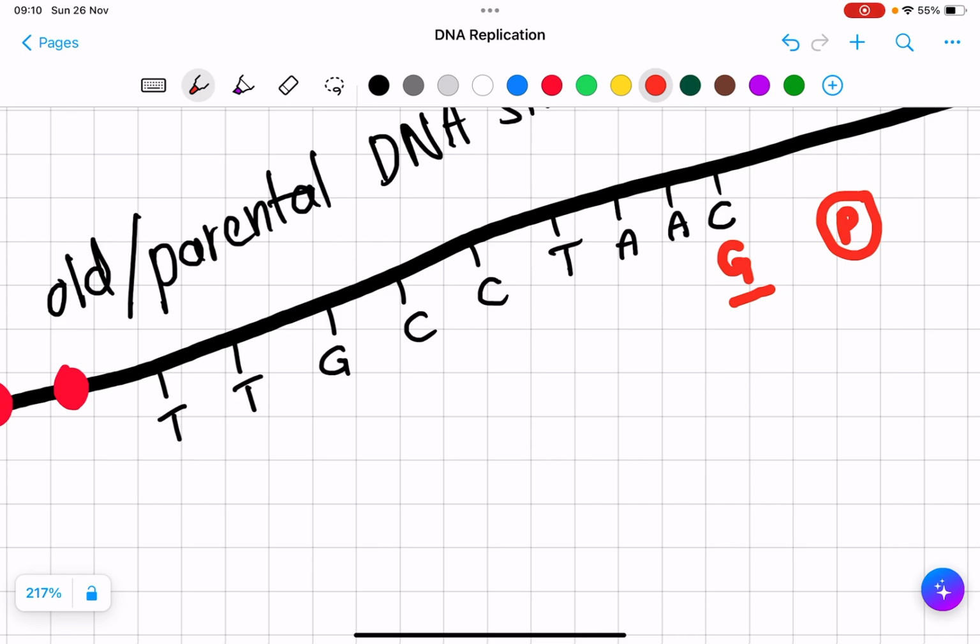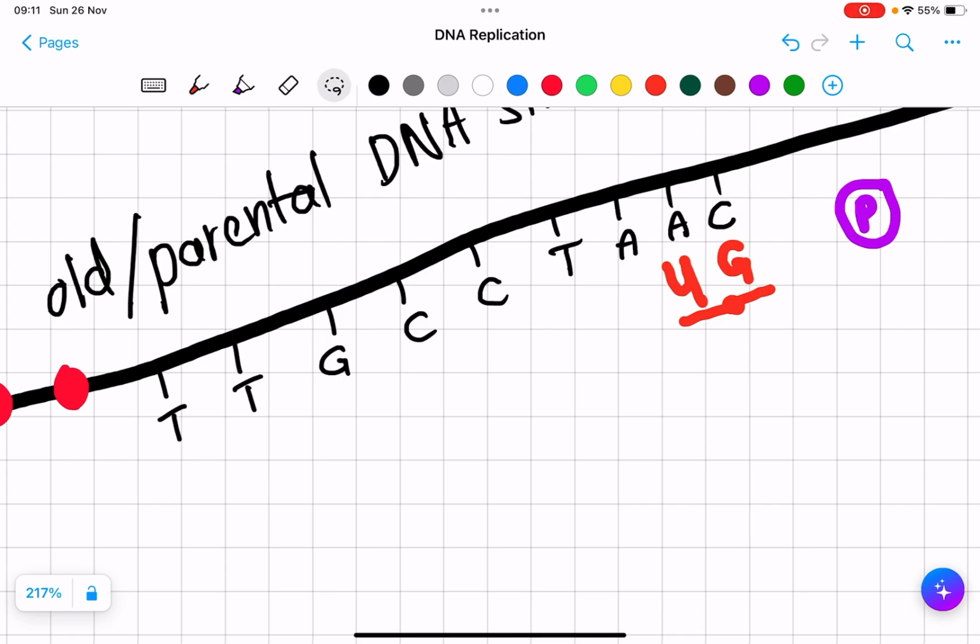Lepas tu dia pergi pula dekat A. Okay, A. So, dia akan add on huruf. Ingat, ini RNA primer. Jadi, tak boleh T, mesti U. So, dia sambung lah. Dia buat phosphodiester bond kat tepi ni dan dia buat hydrogen bond juga. A dengan U. Temporary lah, sekejap je.